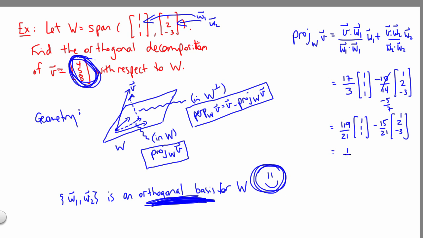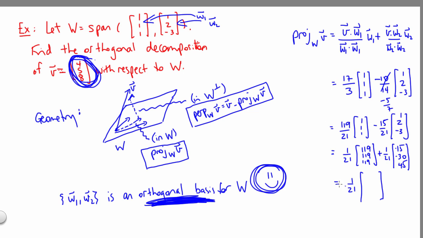And then what I'm going to do is just leave everything over 21 but bring the numerator into the vector. For the second vector, again, we'll leave it over 21, but this time let's bring the negative 15 inside. So for me, this is the best way to prevent sign errors and any other sort of arithmetic errors.